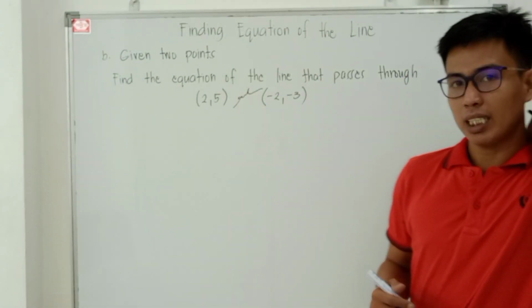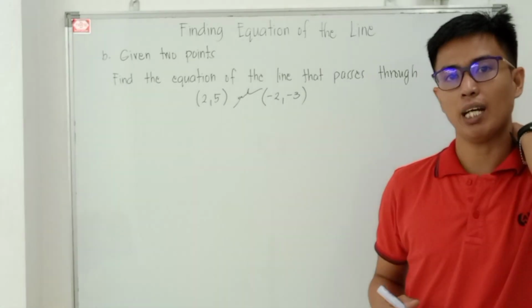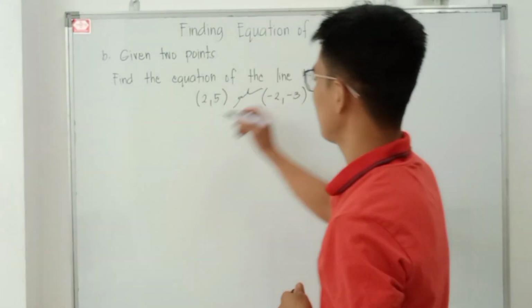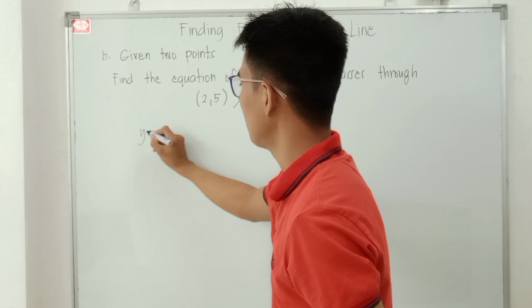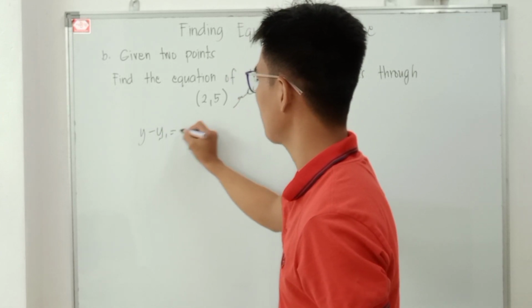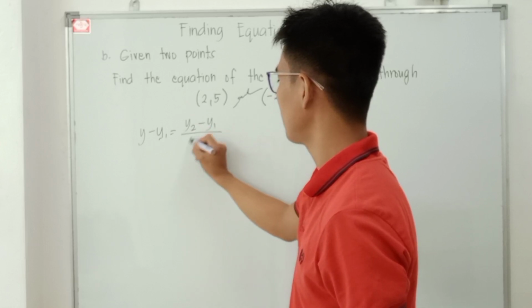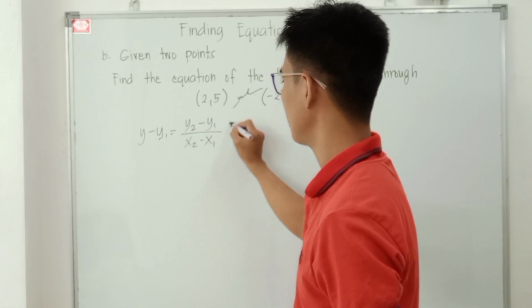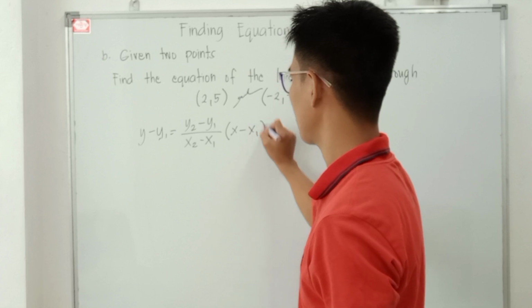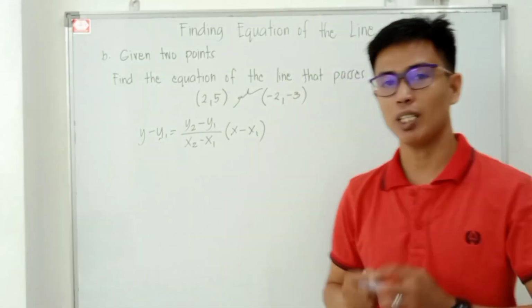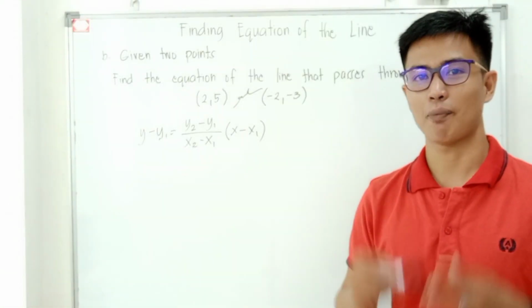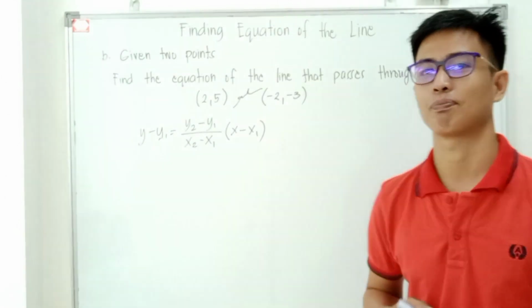So, kapag ang given ay 2 points, we have the formula y minus y sub 1 equals y sub 2 minus y sub 1 all over x sub 2 minus x sub 1 times x minus x sub 1. So kapag given yung 2 points, medyo mahaba yung formula. Pero madali lang yan. Huwag kayong mag-alala.